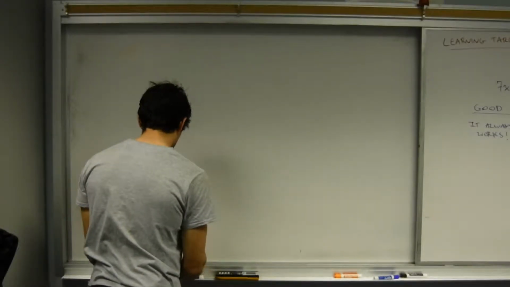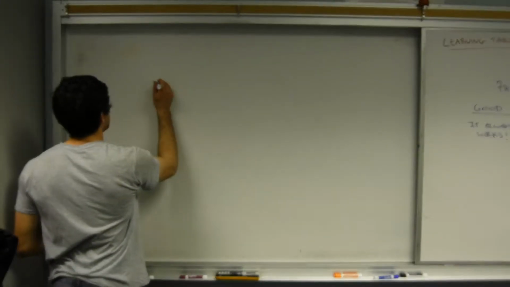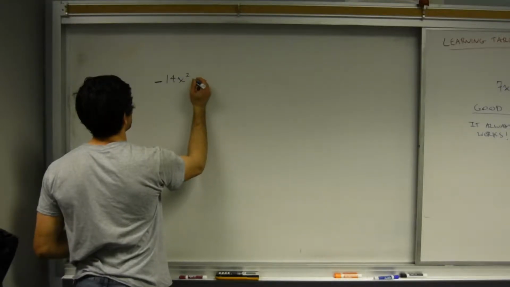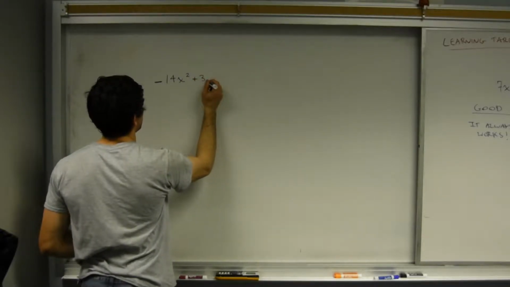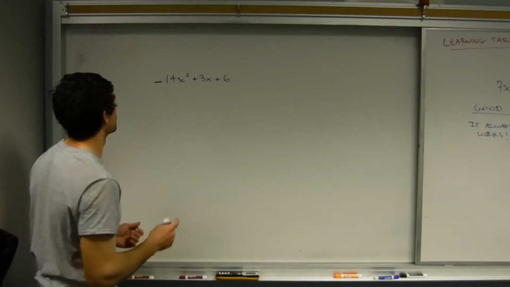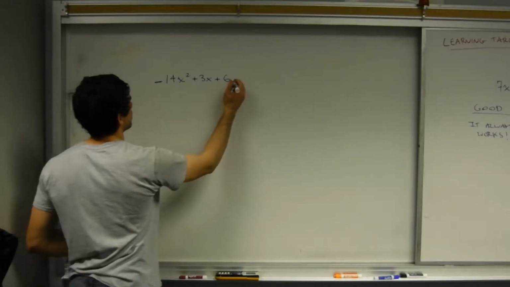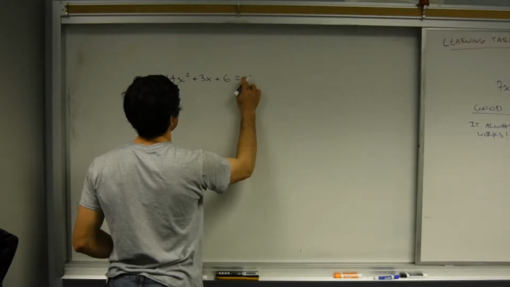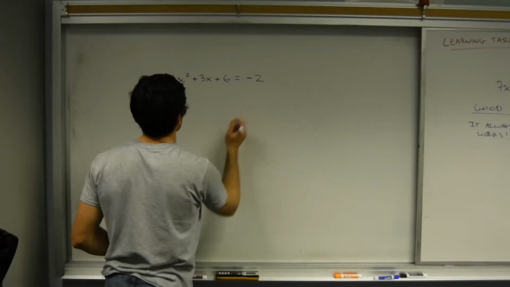Let's do negative 14x squared plus 3x plus 6 is equal to negative 2.